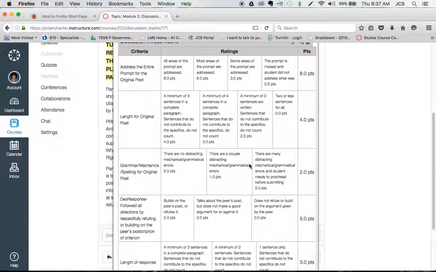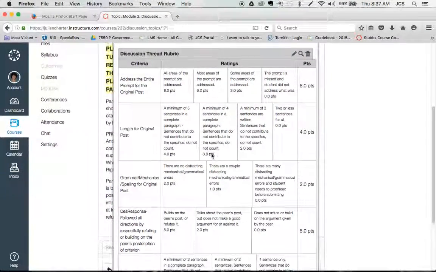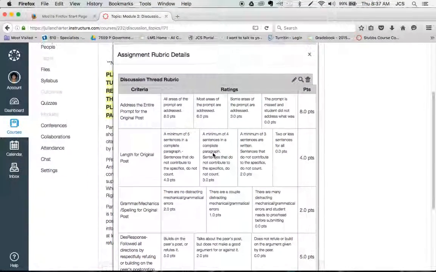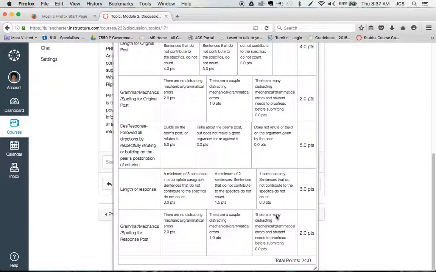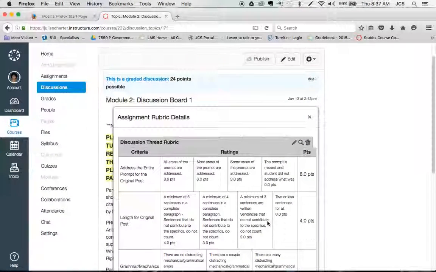Now I want to address this a little bit. In a discussion for my P&H courses only, you have to address the entire prompt. If you do that, you'll get 8 points. If you miss the prompt, you'll get 0 points. There is no 1 in this category anymore. In fact, most of this, there has no 1s. Okay?